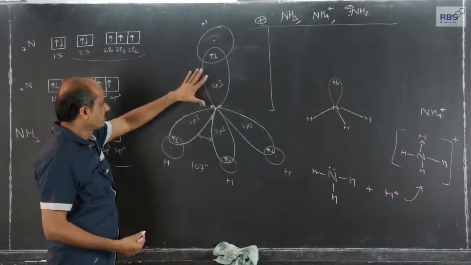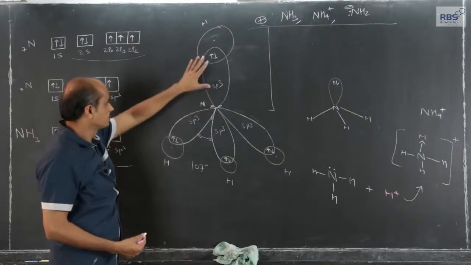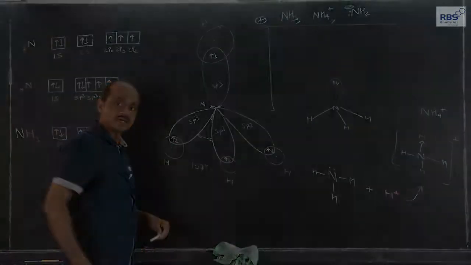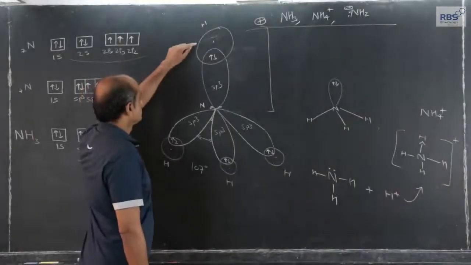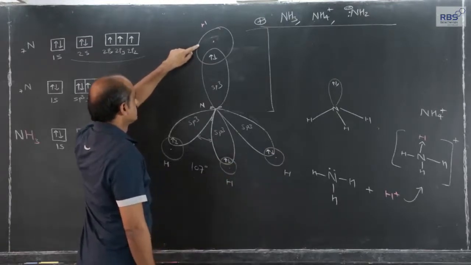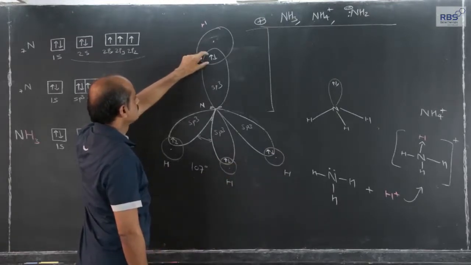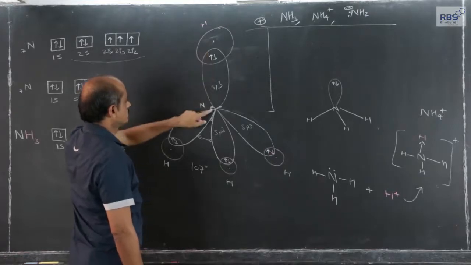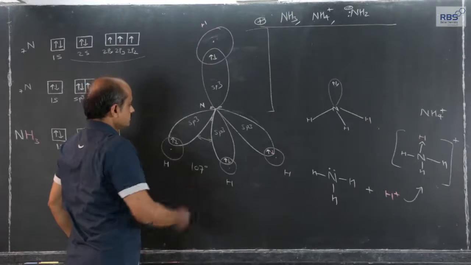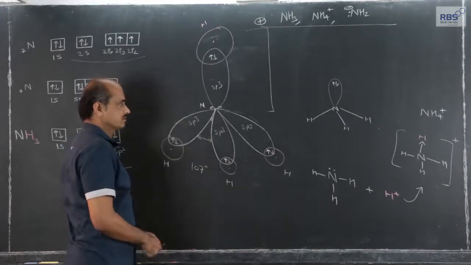Now whatever we had discussed earlier because of the lone pair distortion, all that will vanish, and the moment H plus ion shares the lone pair of nitrogen in ammonia, the picture changes.